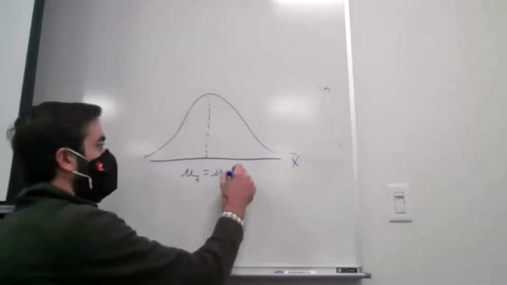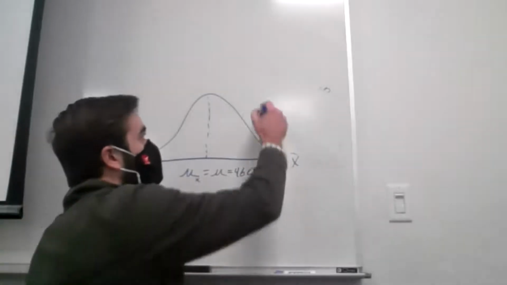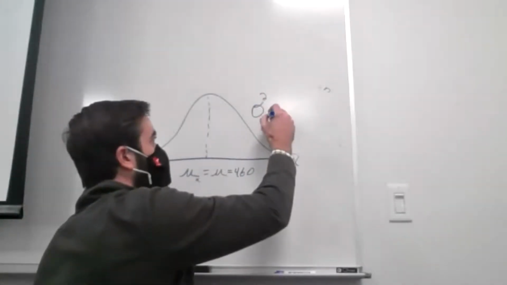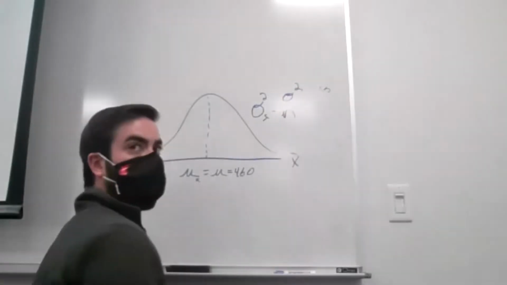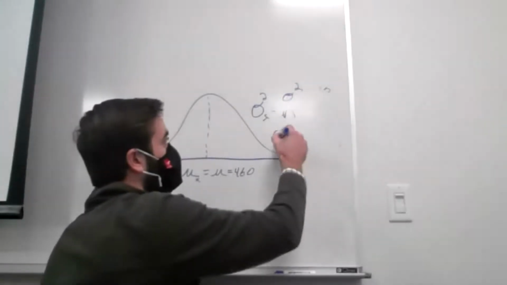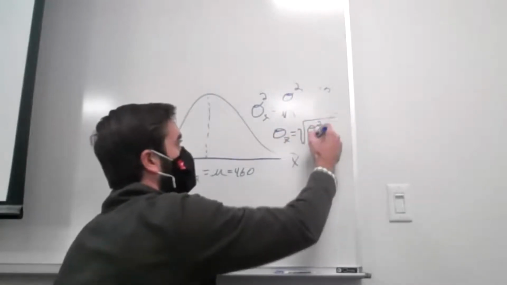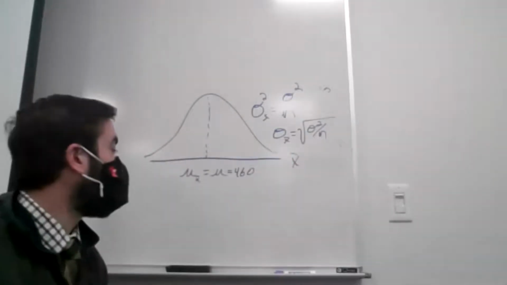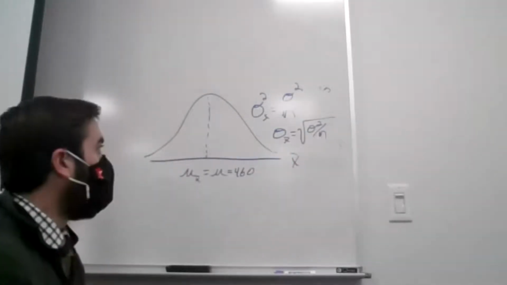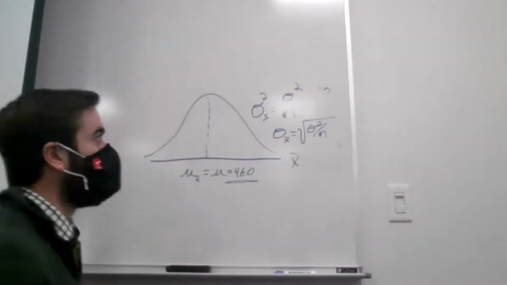So for us, that was 460. The variance of our sample means is just the original variance divided by our sample size, which means if we wanted the standard deviation, it would just be the square root of that, right? That was kind of the denominator in a lot of our hypothesis testing problems. So the mean of our sample means is that population mean of 460.